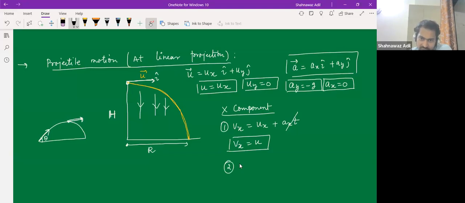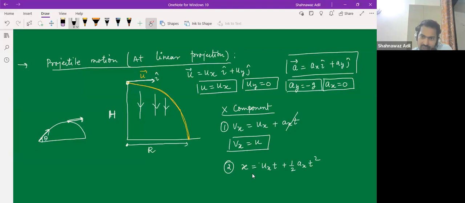Okay. Now let us calculate the second, which is x. X is how much? X is r, right? Let me first write the equation. So x is uxt plus half axt square. Clear?